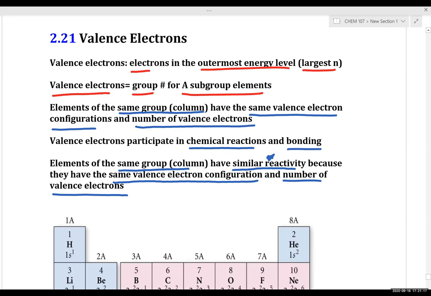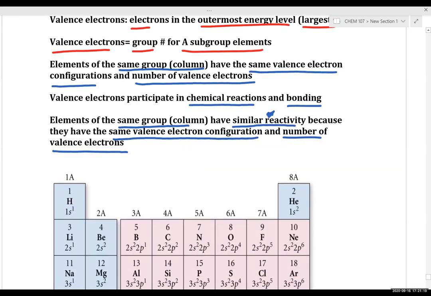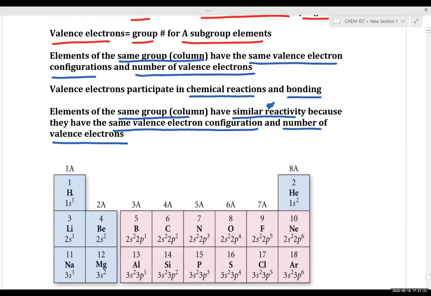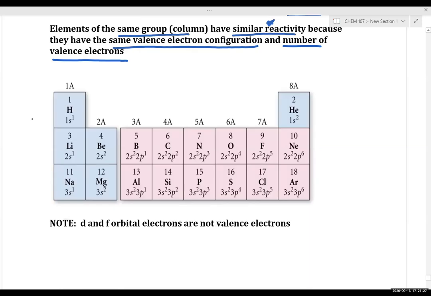So, for example, if we look at the configurations for each of our main groups in the periodic table, we notice that the only thing that changes as we move down the periodic table is that our orbital n value increases. The configuration of our valence electrons in each of our groups is the same within that group.